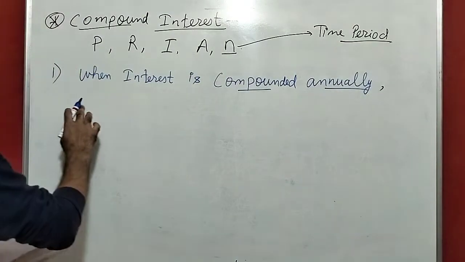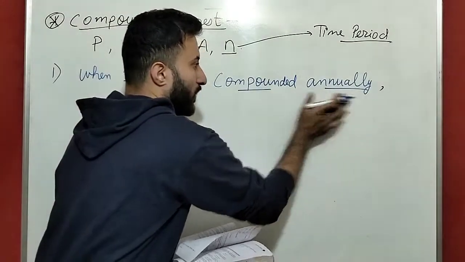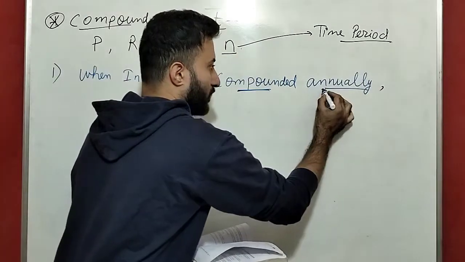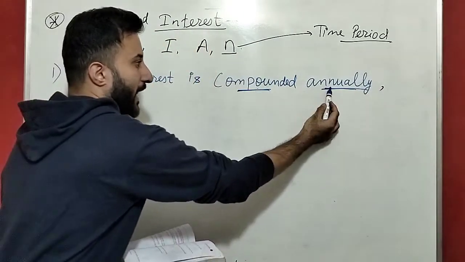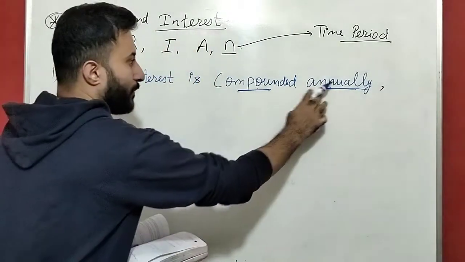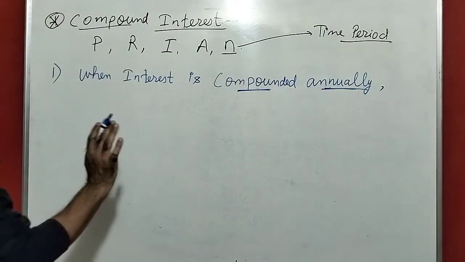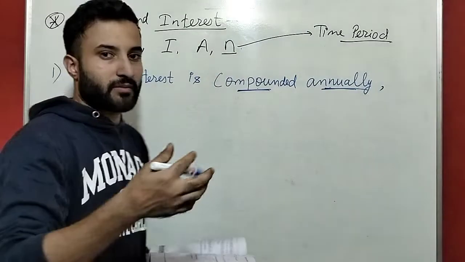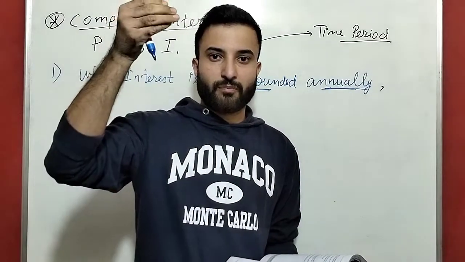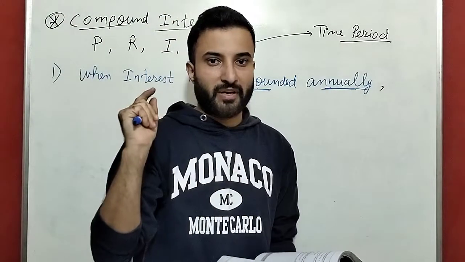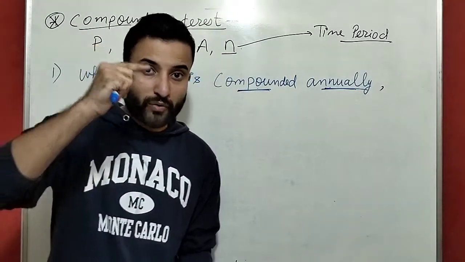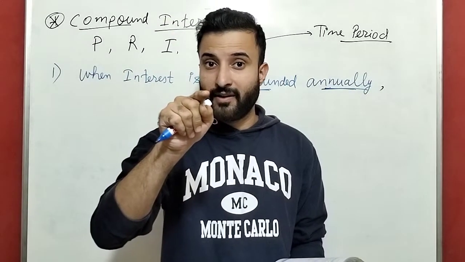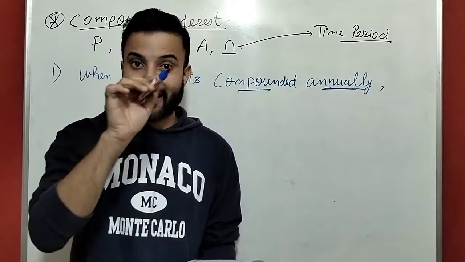So guys, see, when it is given that it is compounded annually, this you have to focus on. I have underlined compounded annually. In simple interest, we find first p into r into t by 100, that is the simple interest formula. In formula number 2 and formula number 3, we find the rate of interest r.